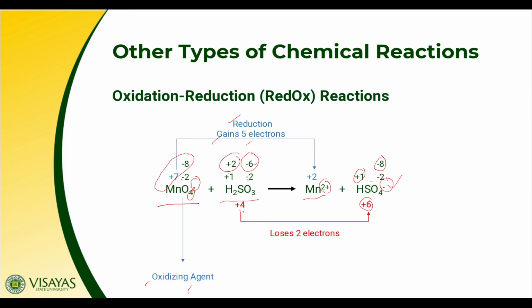So there is a loss of electrons, or oxidation, and sulfurous acid is our reducing agent. Okay, LEO: loss of electron, oxidation, reducing agent. So this is an oxidation-reduction, or redox, reaction.